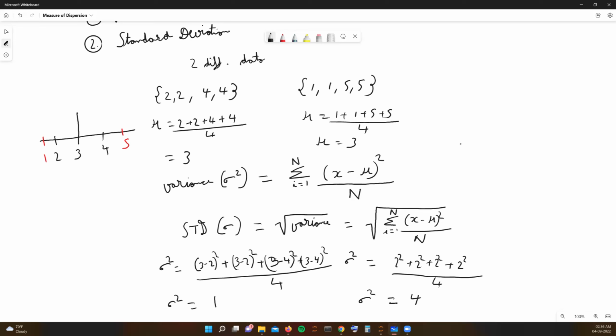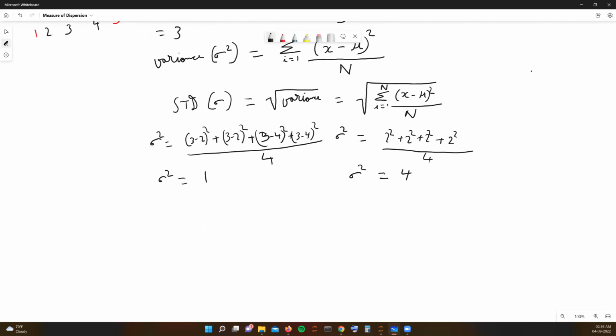So from here itself, by seeing the data, it is clear that this one has more spread as compared to the other. So the important note here is, obviously if your variance is more, then automatically your standard deviation will also be more.